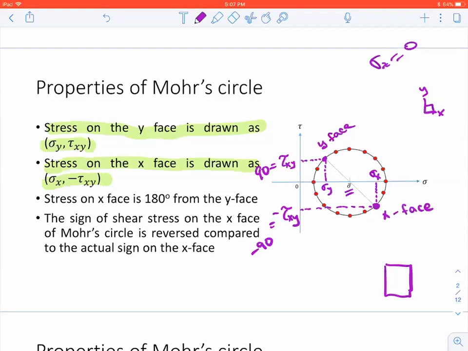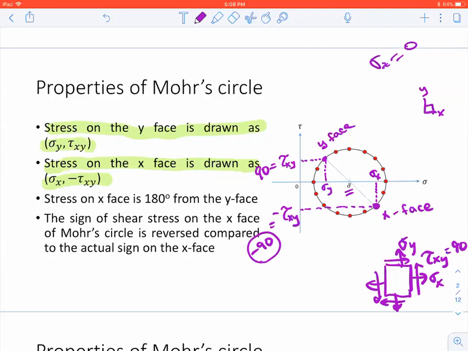So say I have sigma x, sigma y, and tau xy, and my tau xy is a positive number, 90. You will see on the X face, I have to put it as minus 90. I have to flip the sign.